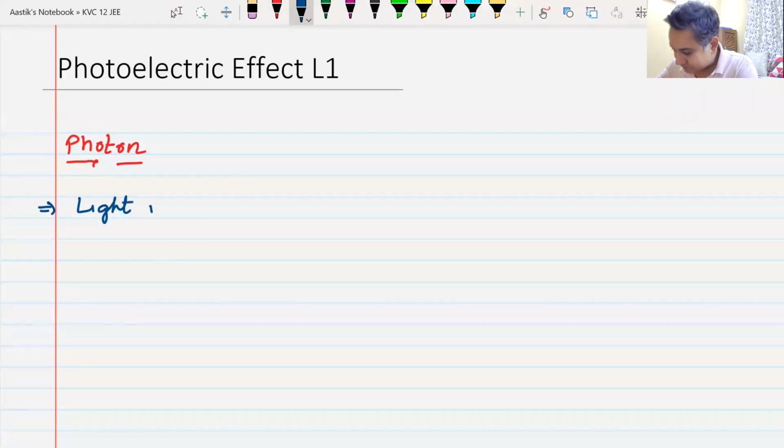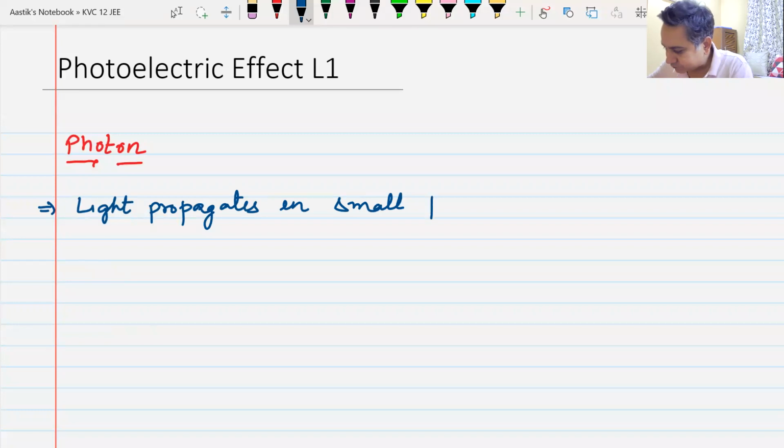It's a particle. That is Planck's quantum theory. Light propagates in small packets or bundles. The smallest packet or bundle is known as a photon.